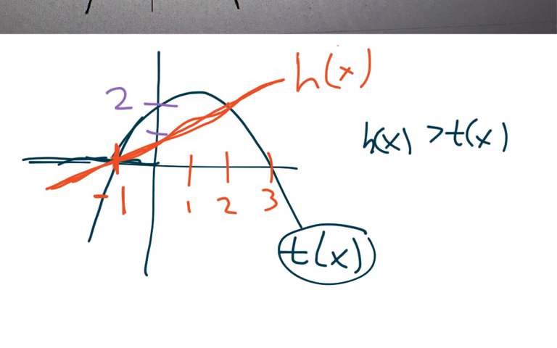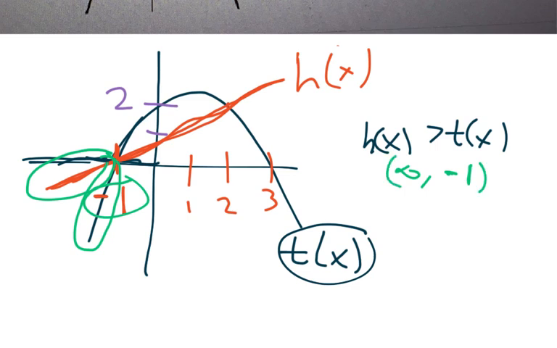And if you look carefully, guys, over here, do you agree that h of x in red is higher than the black t of x underneath it? So I would say, therefore, from negative infinity to, notice x is -1 where they meet, that's where it's greater than.